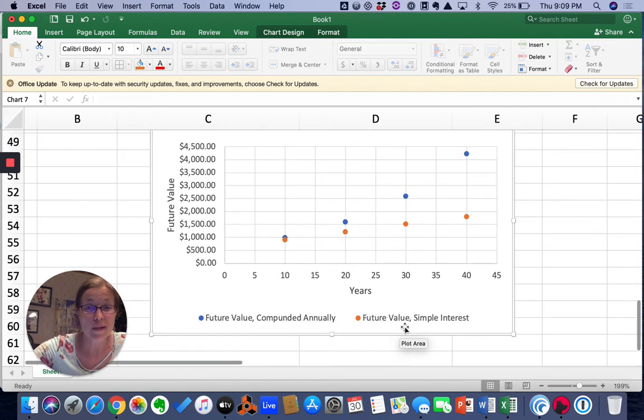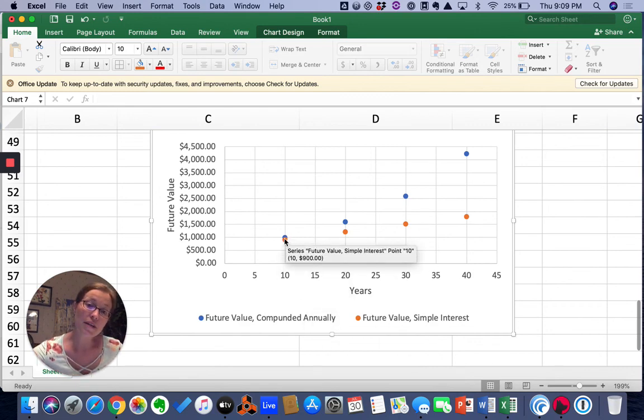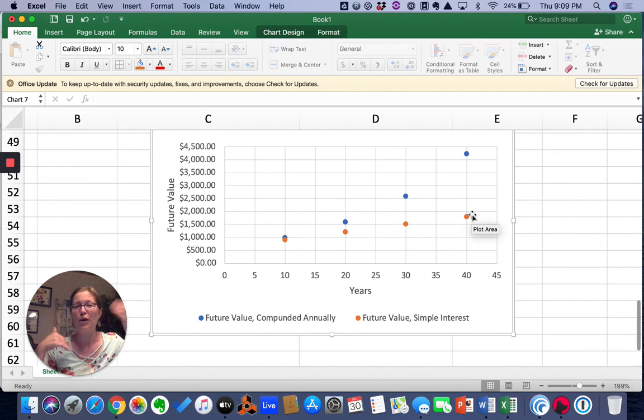So finally, when we look at the two different types of interest, you can see how after 10 years, they're still pretty close. By the time we get to 40 years, there's a huge difference. And I'll throw some important words at you that you won't need quite yet, but let's just get them started taking root.